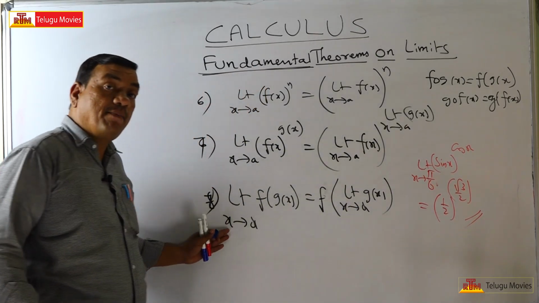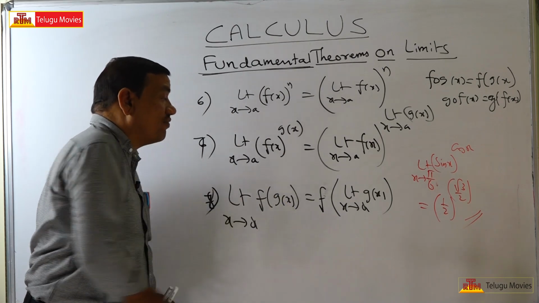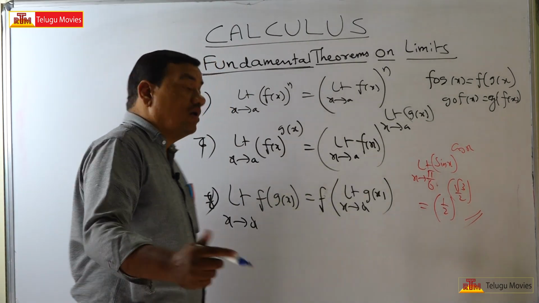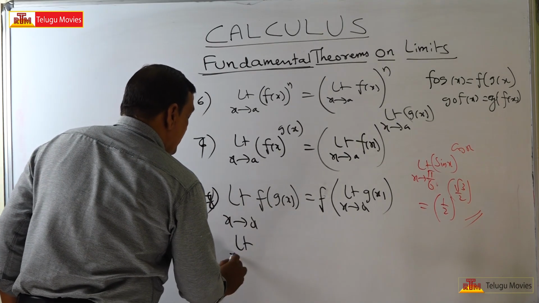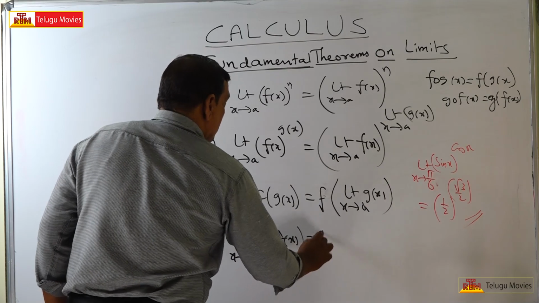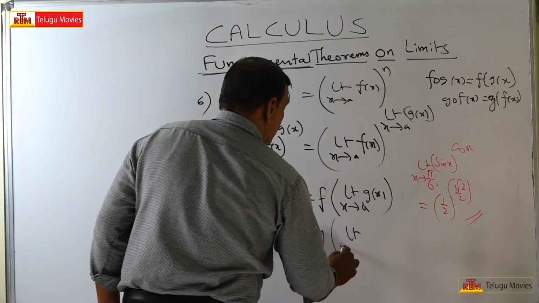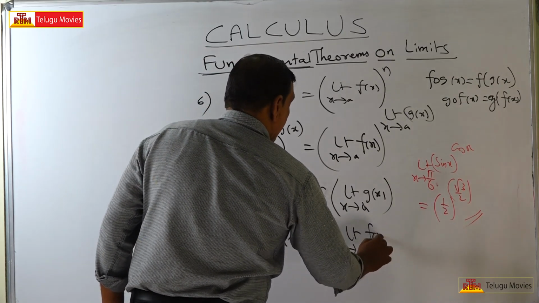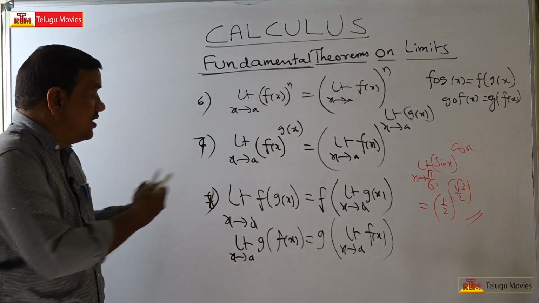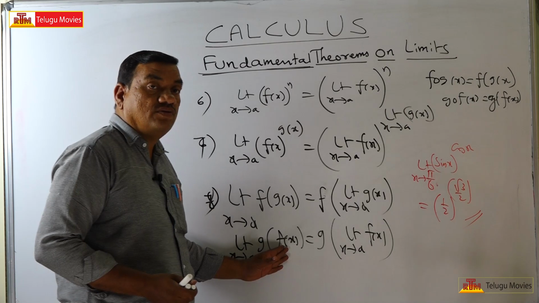That means you can apply the limit to g of x, and whatever value comes, that is f of l. For example, limit as x tends to a of g of f of x is g of limit as x tends to a of f of x. That means you can apply the limits inside the function.